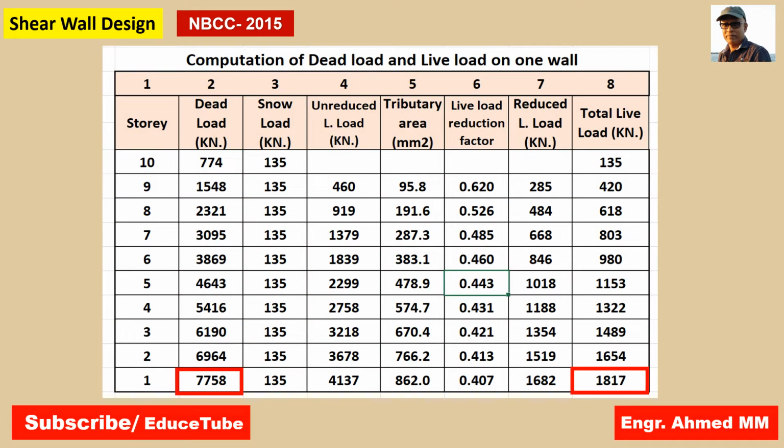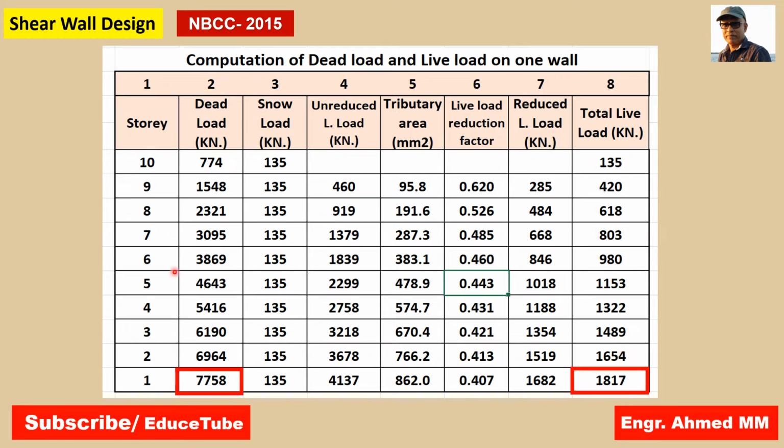Also, here you can see a table, dead load and live load on one wall. Actually, I made this table in my second video, and I showed there how I got these values: dead load, snow load, unreduced live load, tributary area, live load reduction factor, reduced live load, then total live loads.